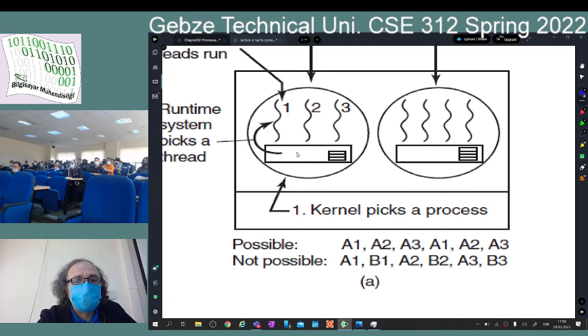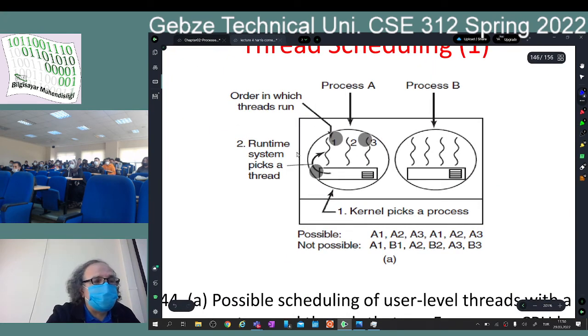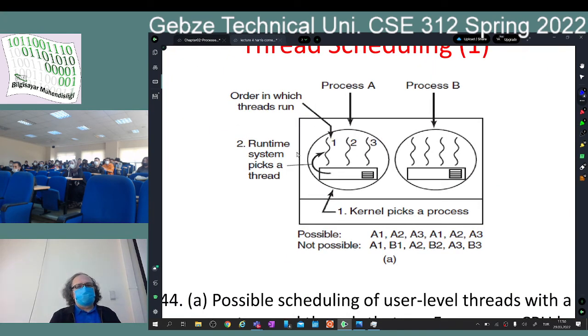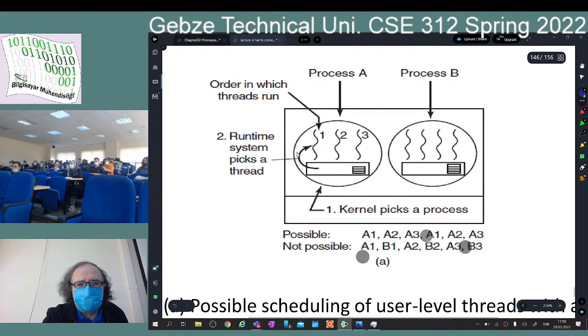Okay, so this process is responsible for scheduling between these 3 threads, and this is 4. So this is one possible scenario in this case. So in this one, the kernel says that, okay, process A will take the CPU and it will use it.